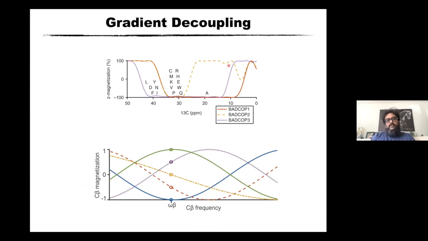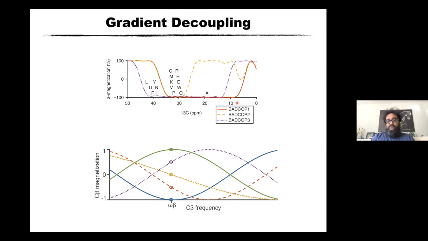So earlier we published these decoupling pulses in 3 different varieties. We call them BATCOP1, BATCOP2, and BATCOP3. As you can see, BATCOP1 has a decoupling profile that starts at about 10 ppm C beta and ends at about 32 ppm, which means it will decouple all these amino acids, but it will not decouple the amino acids shown over here to the left.